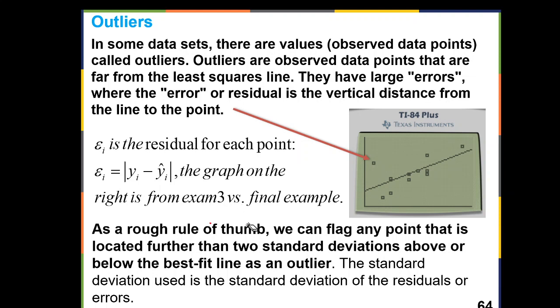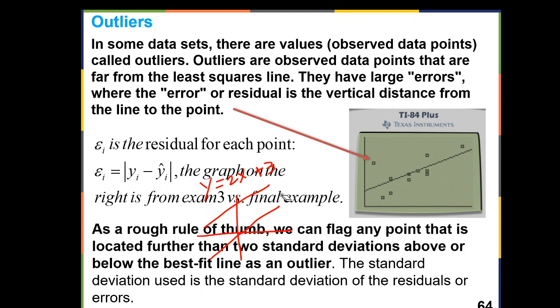And the answer is, as a rough rule of thumb, we can flag any point that is located further than 2 standard deviations above the line or below the line. So how do we decide 2 standard deviations above the line? Well, remember in algebra, if we have y equals 2x and I add 3 to it, the graph just moves up 3 units.